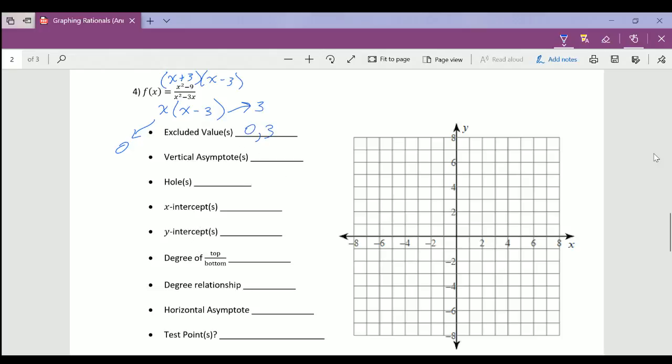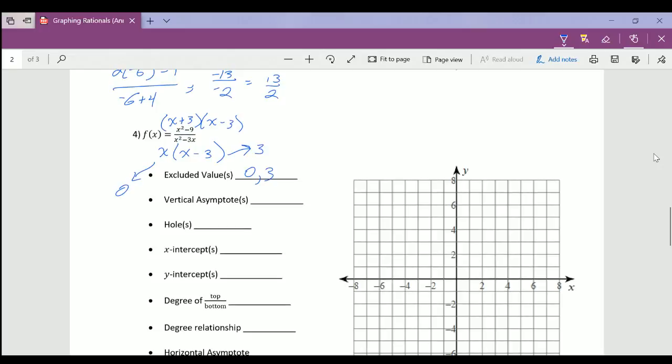Okay. The 3 is the one that gets canceled out. The 0 does not. So the vertical asymptote is at x equals 0. Okay.